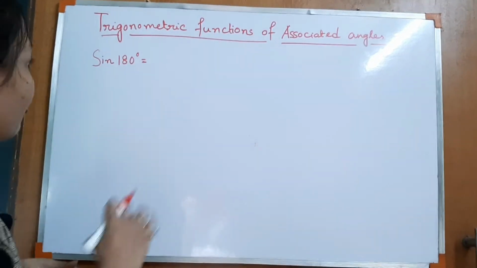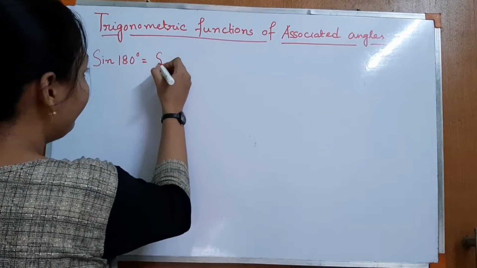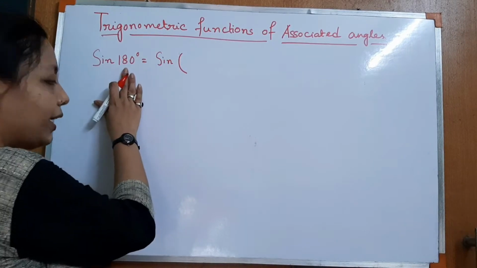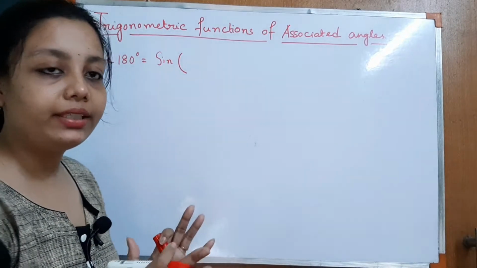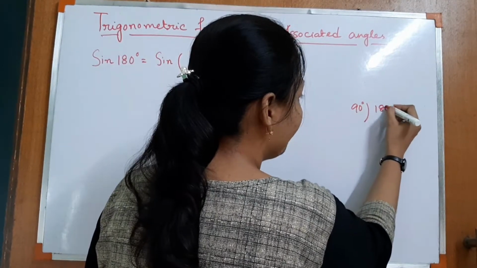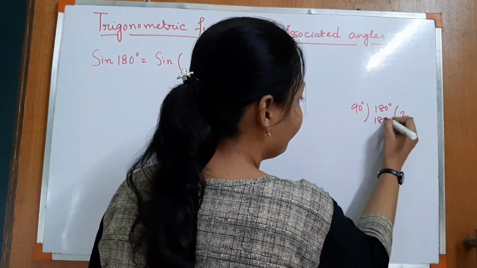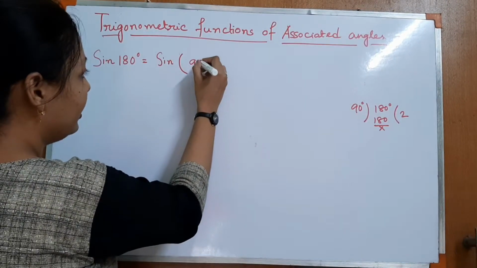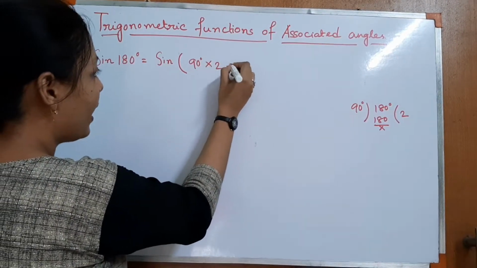So, first here we write sine, next we write this 180 degree by the multiple of 90 degree, that is we divide 180 degree by 90 degree, we get 2. So, we can write 180 degree as 90 degree into 2 plus 0 degree.